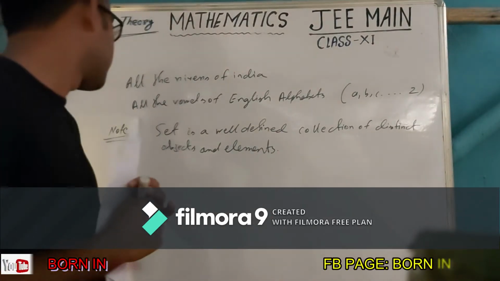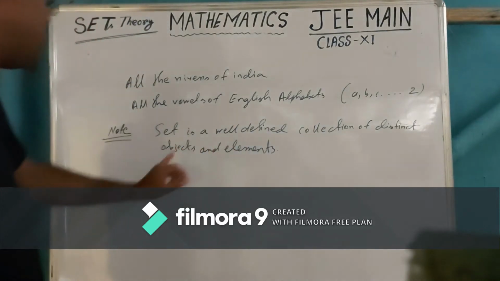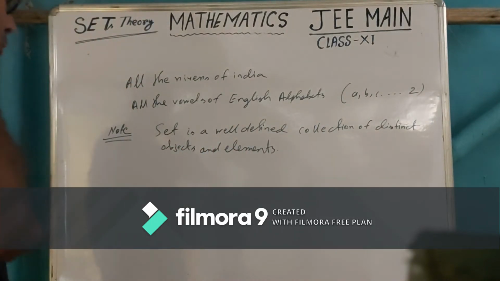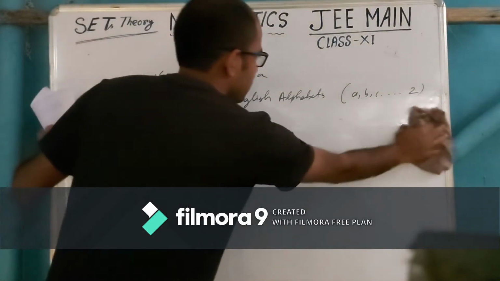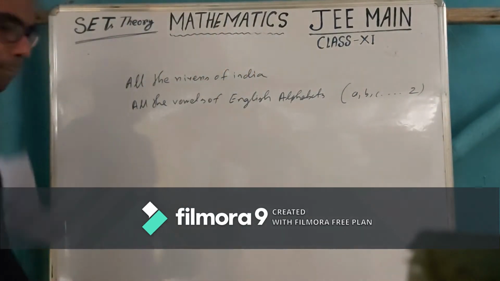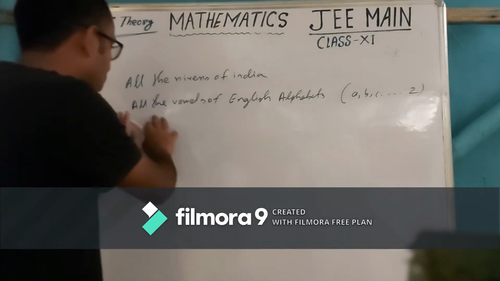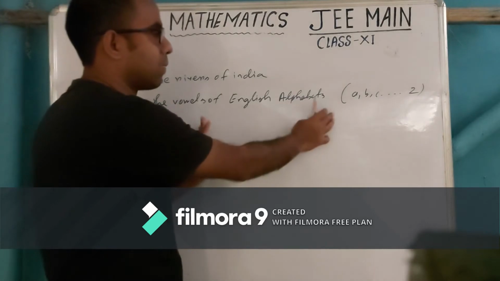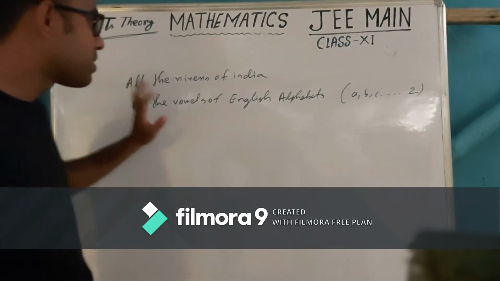So this is the very important point. A set is a well defined collection of distinct objects and elements. So we say that all the rivers of India is a set. All the vowels of English alphabets is a set.